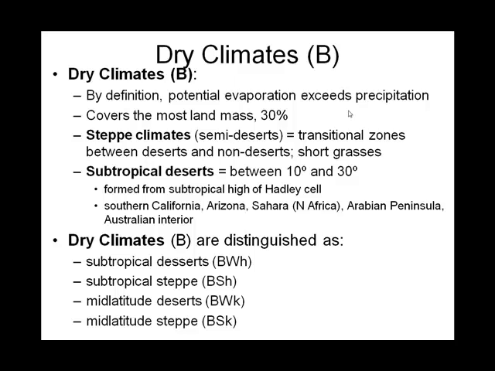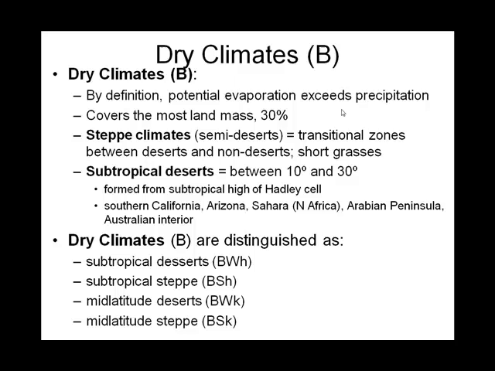Where that air descends, it tends to create high pressures, and it tends to be dry. So these B climates are our dry climates. There are 4 subcategories of these B dry climates, and this is where I start to say, if you want to know more about it, read your textbook. But these tend to be dry climates.